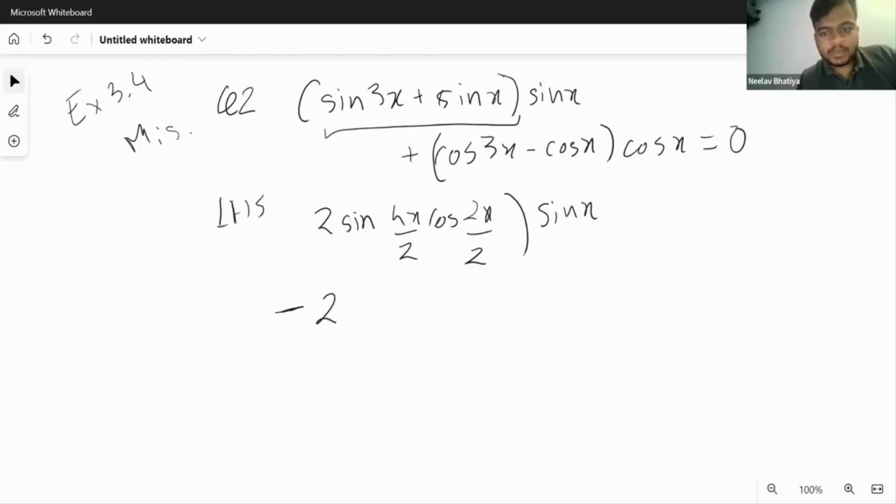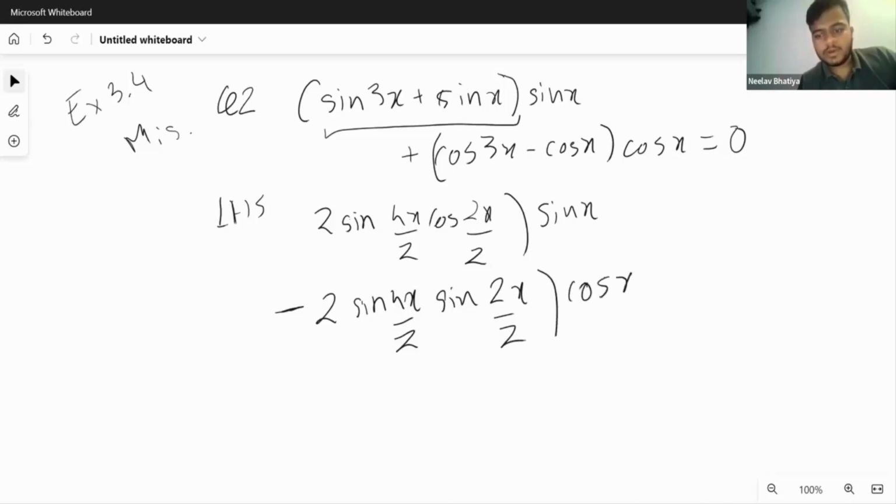Sine of (C plus D) by 2: 3x plus x equals 4x by 2, so sine 4x by 2, into sine of (3x minus x) by 2, equal to 2x by 2, and the cos term in multiplication. That makes sense, correct? Let us try and simplify this.